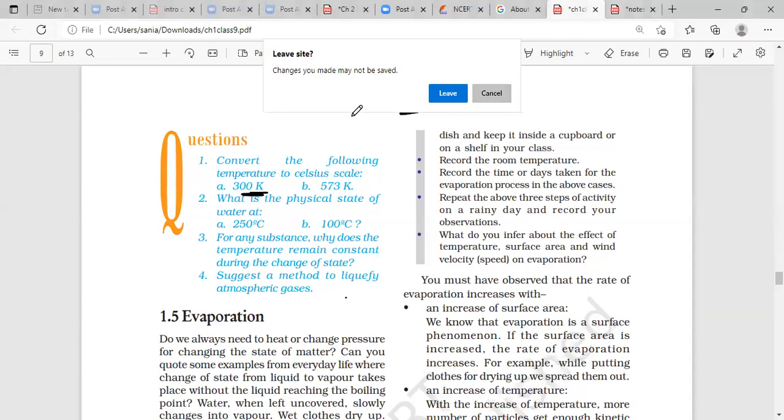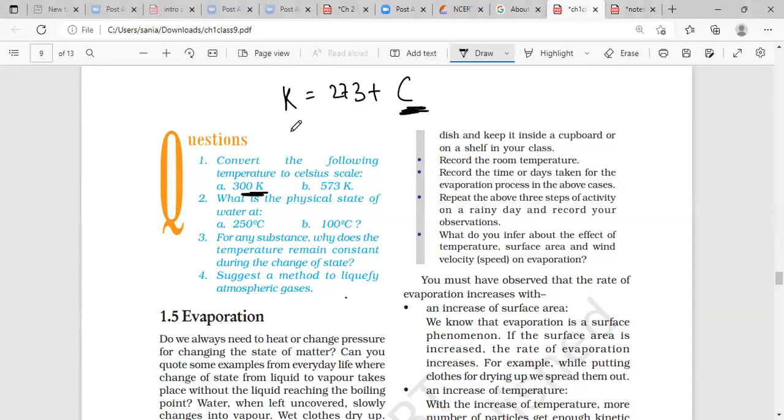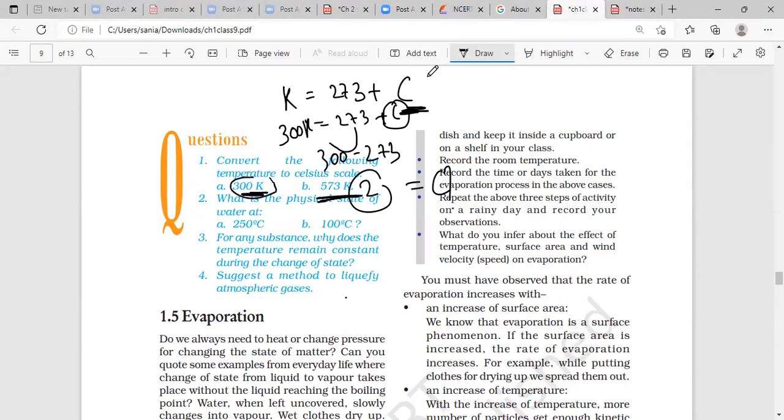So basically it was the equation: 300 K is given, and K is 273 plus C. To find C, you will go 300 minus 273. Whatever the answer is, you will write here and it will be the value of C. Similarly with this one, right? So in the exam hall, either you will get a K one or a C one. Clear?